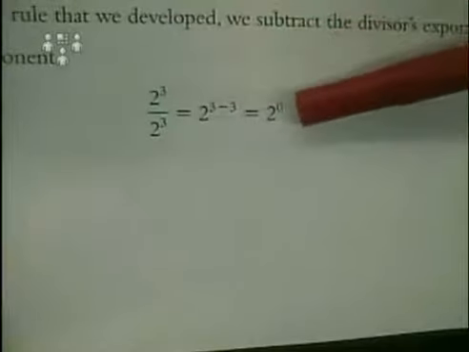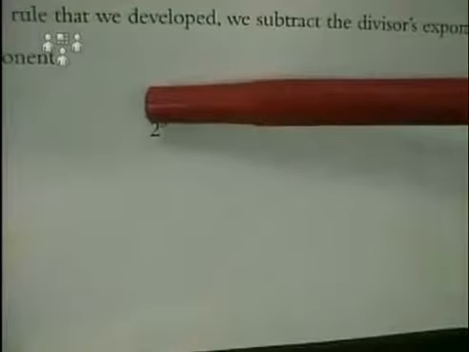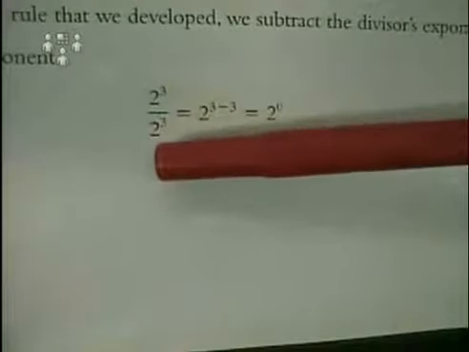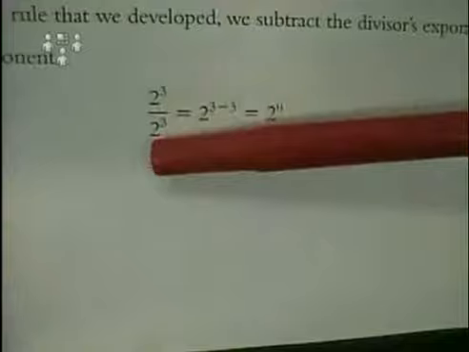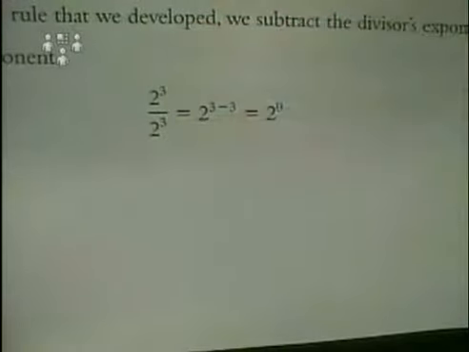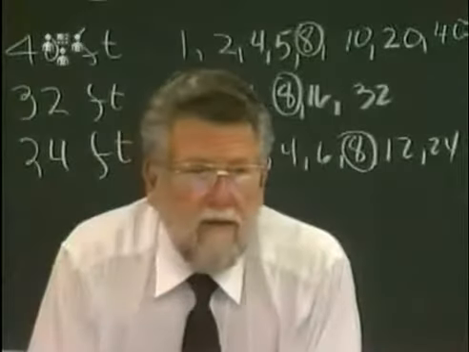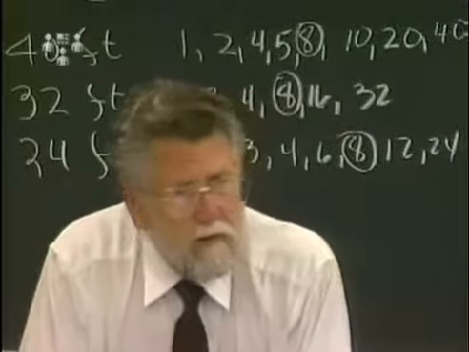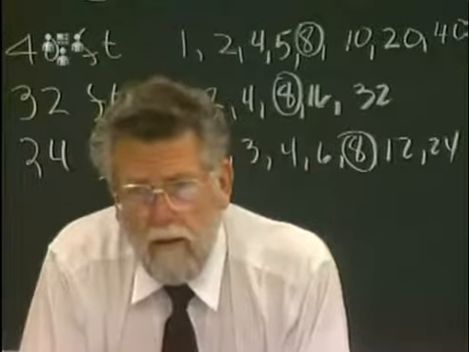But if you subtract the exponents, you're getting 2 to the 0. Whether I have a 2 here, a 4, a 5, any base, as long as it's the same, I'll get that base to the 0 power, and it'll always reduce on the left side to 1. You couldn't have 0 over 0. So we argue then that any value other than 0 to the 0 power is 1.